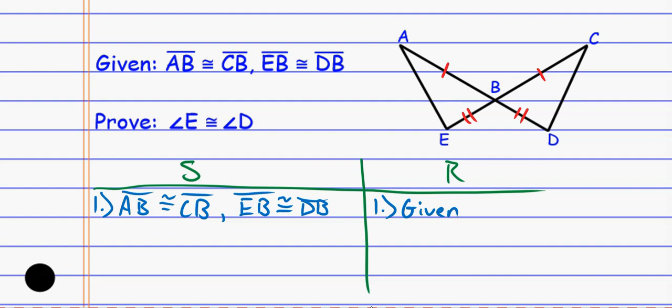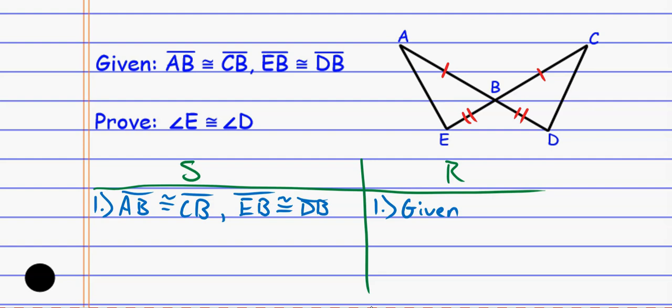And so now from here, I have two sides that are congruent. So think about proving the triangles are congruent. We had side, side, side. That involved two sides. We had side, angle, side, which involved two sides. And so as I look at this thing, is there any way that I could show that AE and CD are congruent? And if not, I have to start thinking about the angle that I have.